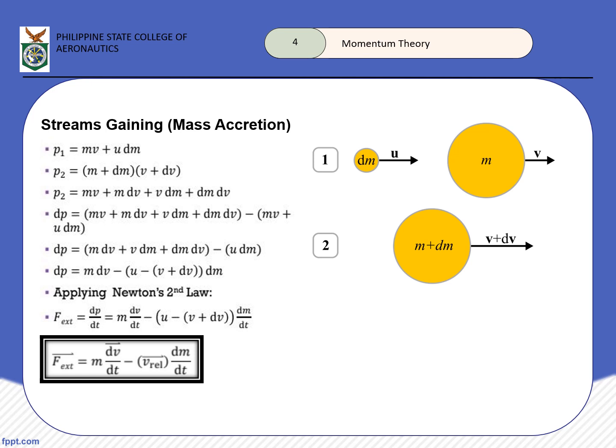So, again, under pa din ng recall natin from Mech 323 is yung streams gaining or mass accretion. A body of time varying mass m moves at a velocity v at an initial time t. In the same instant, a particle of mass dm moves with velocity u with respect to ground.